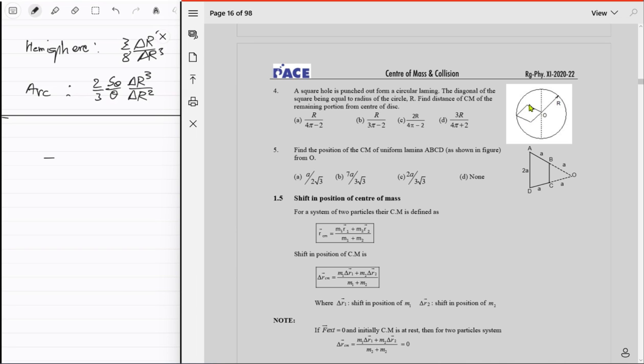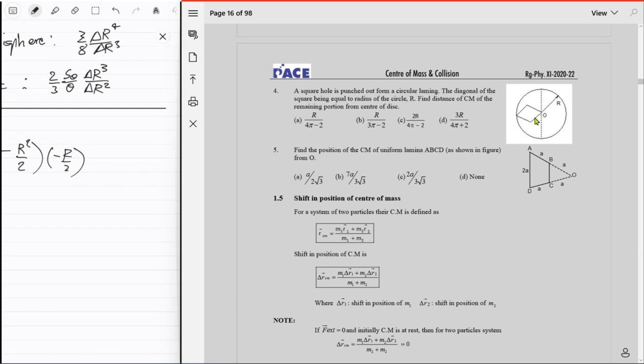What is this thing once again? R squared upon 2, right? Honestly, it looks more like a rhombus than a square, but whatever. That's our mass. Then our position vector, which is just negative R upon 2.